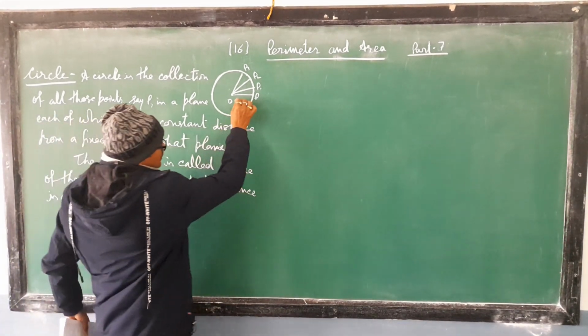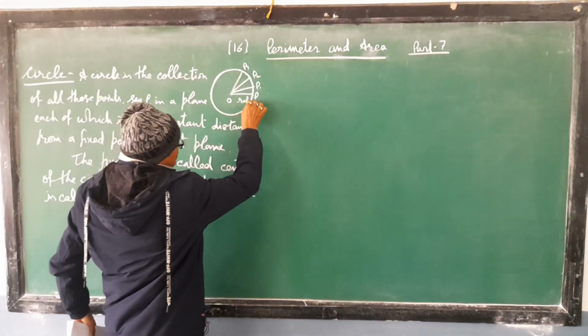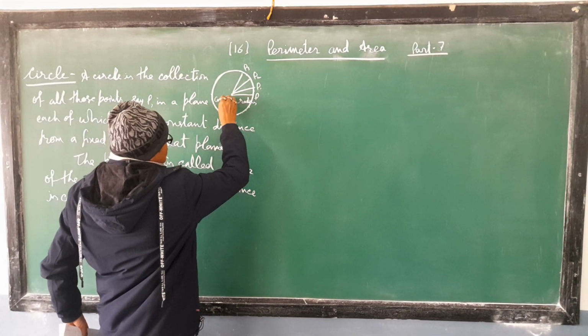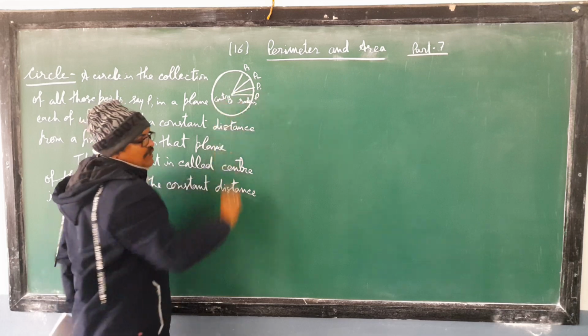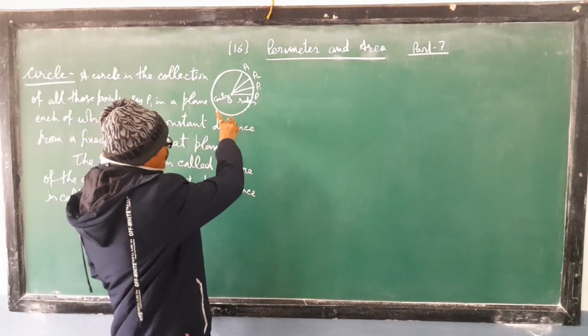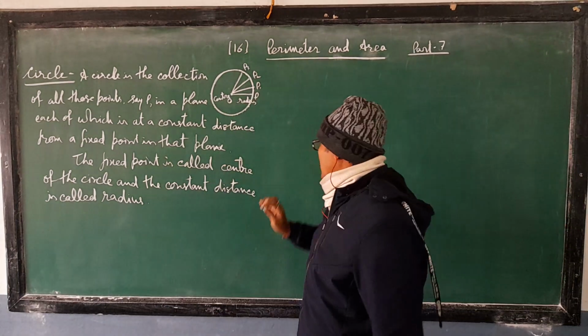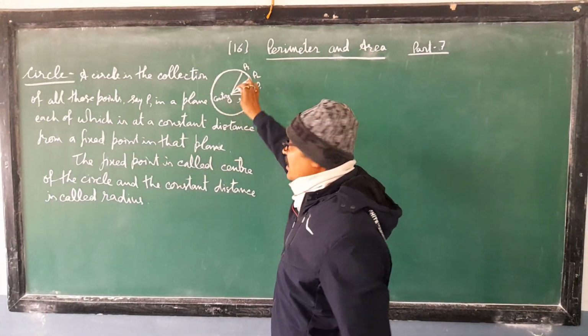So see, OP is the radius and this is the center. O is the center, and OP, OP1 are equal, constant, and they are called radius.